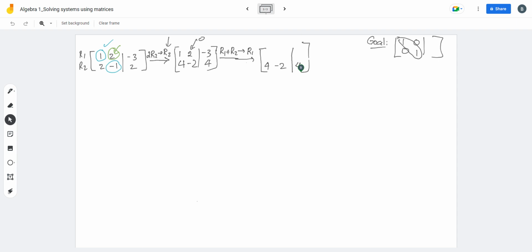All right, now let's say row 1 plus row 2. 1 plus 4 is 5, and 5 you write in row 1, so I write 5 over here. Now 2 plus minus 2 is 0, and I write the result in row 1, so I write 0 here.